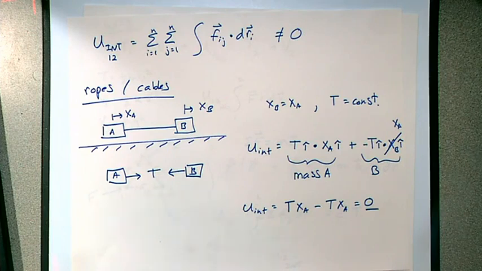Plus what I've got for B: minus T in the i direction, it's going the other way, and B is now going to go XB in the i direction, or 2 times XA, because it's on a single chord and the other one's on a double. So what do you get? 2T XA minus 2T XA.